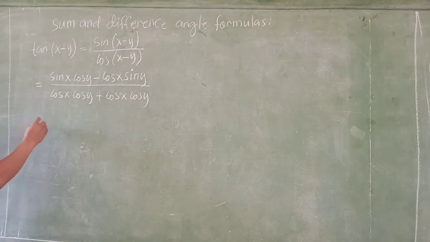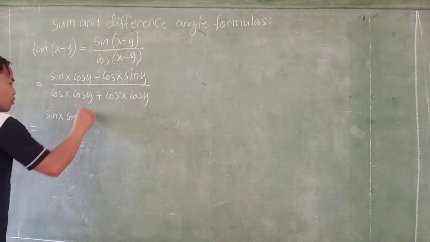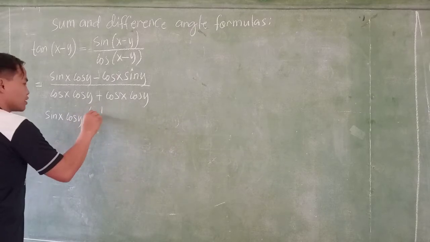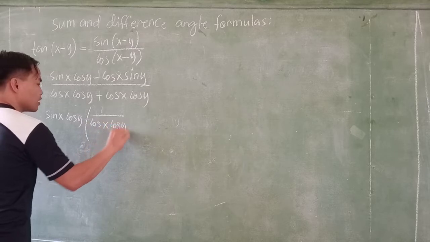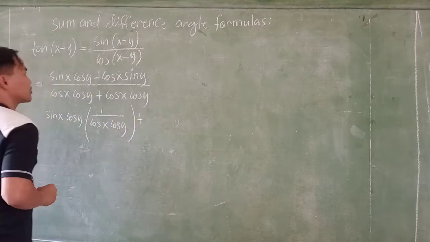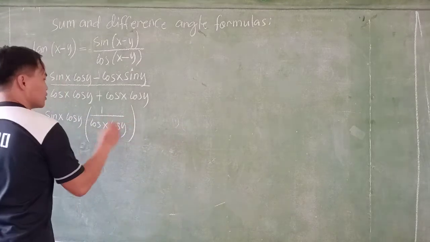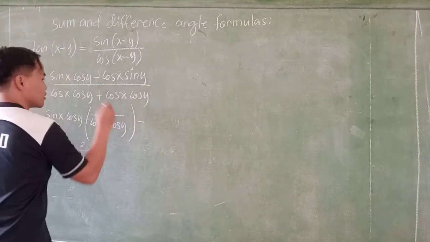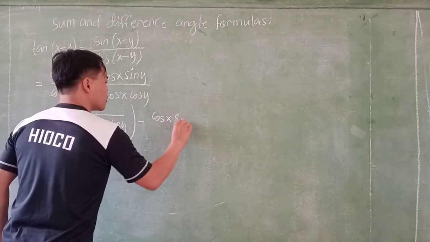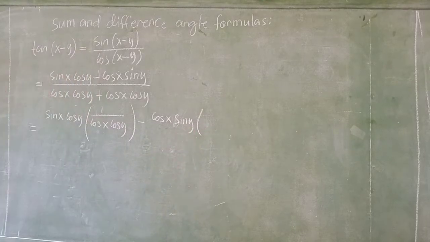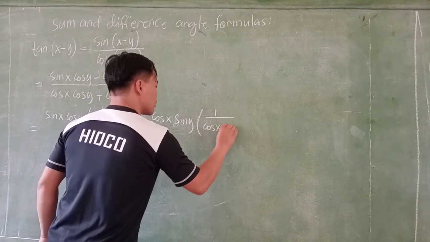So that will become sine x cos y multiplied by 1 over cos x cos y, minus cos x sine y multiplied by 1 over cos x cos y.